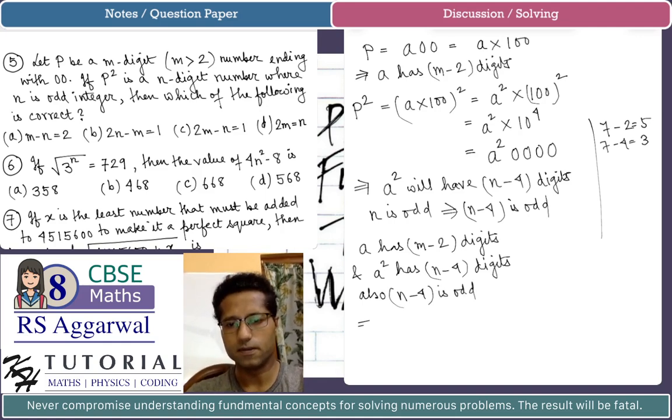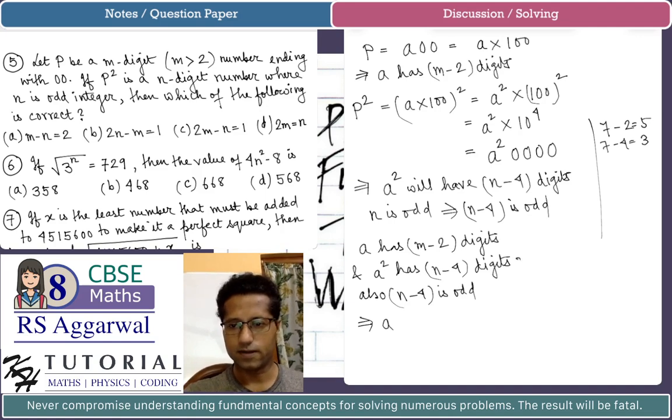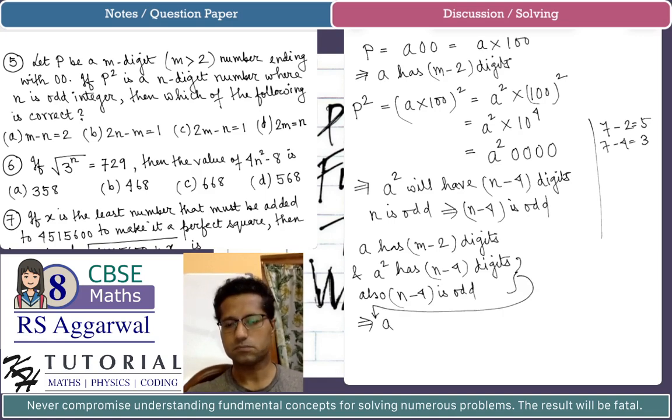Based on the fact that a square has n minus 4 digits, which is odd, we have already proved that n minus 4 is odd, because n is given to be odd.